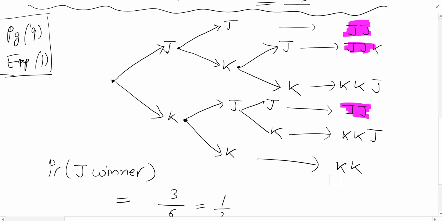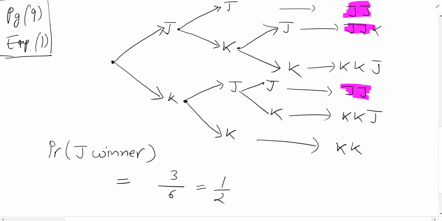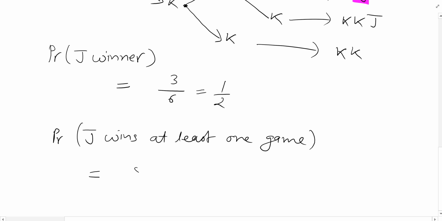In this case, Kristen is winning both of the games. So this is the case that we are looking at, and we can do 1 minus 1/6, or the question is wins at least one. So at least one means one, two, three, four, 5 cases. Because in all these 5 cases, we see the J at least once. So you can do it right away, like 5/6.